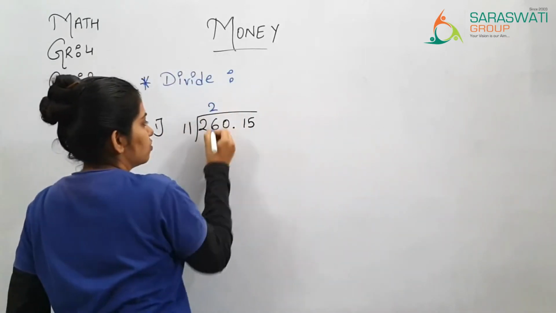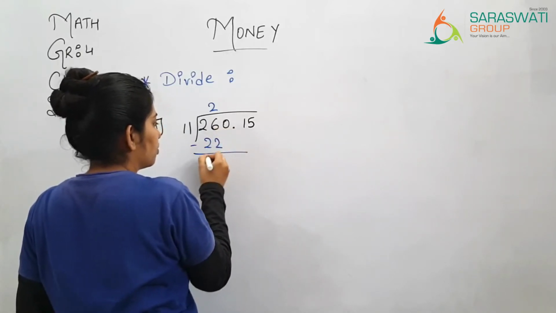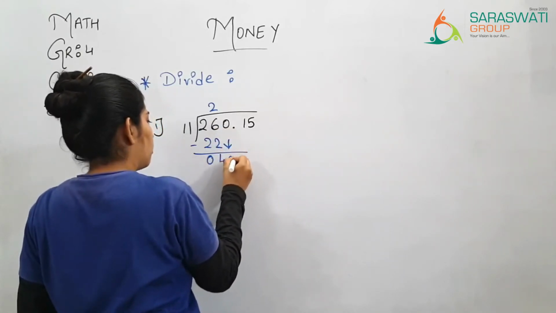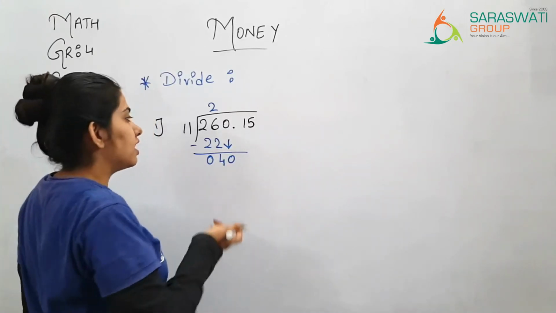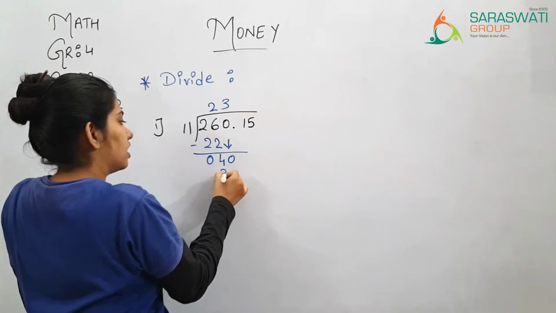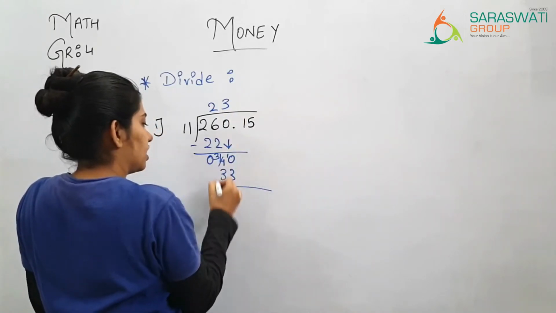So 11 twos are 22. 6 minus 2, 4. 2 minus 2, 0. Now 40. 11 fours are 44. Now, so we will write 11 threes are 33. So 1, cut this 3, 0.